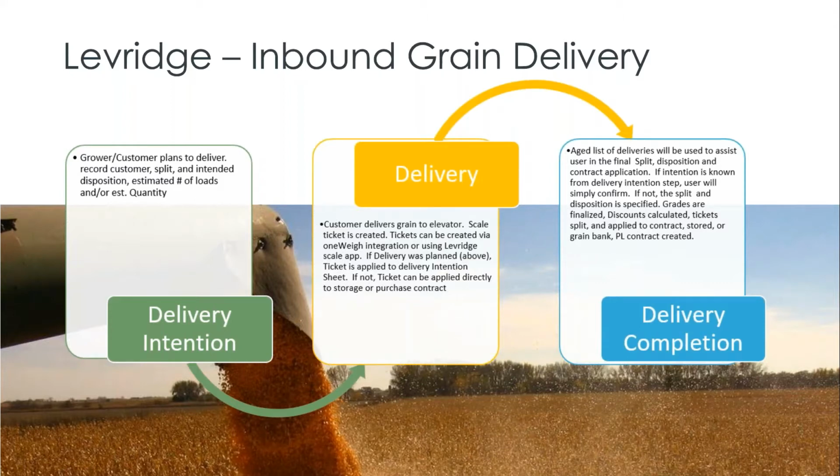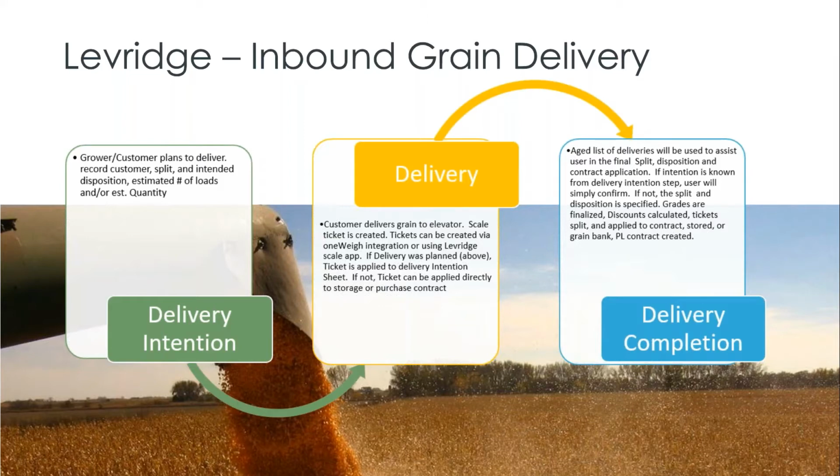The delivery intention is where the grower calls in and says, hey, I think I'll be delivering against that contract next week. It just sets up the elevator and gives notification that this customer plans to deliver an estimated quantity in an estimated amount of time.